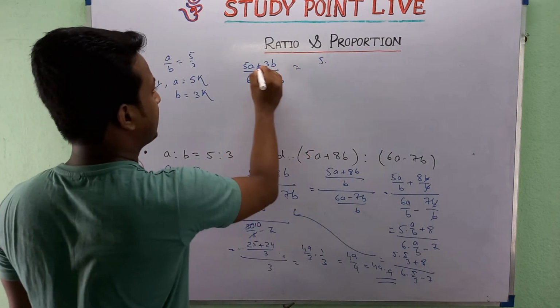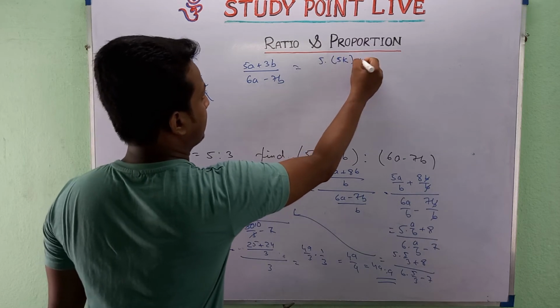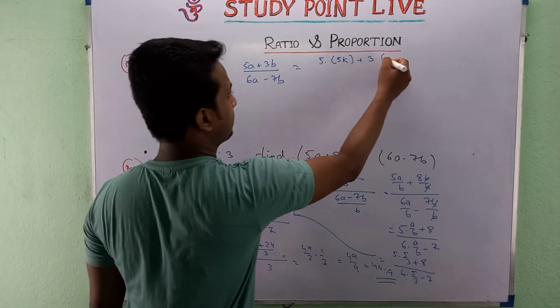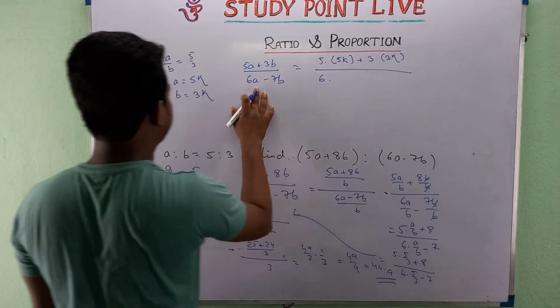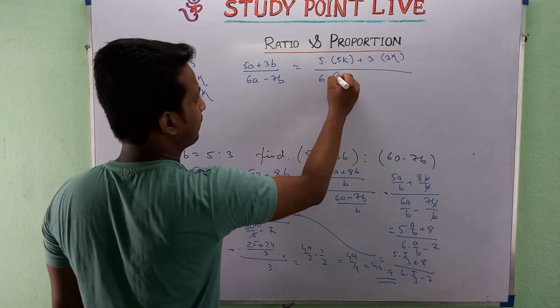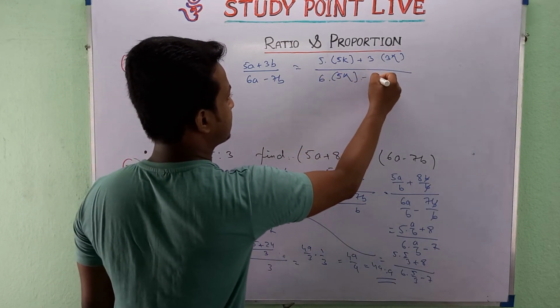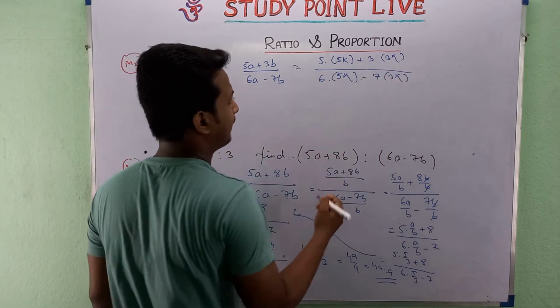See here 5, instead of a write 5k, 3b, so instead of b just write 3k. 6a, a means here 5k, minus 7b, b means here 3k, right?